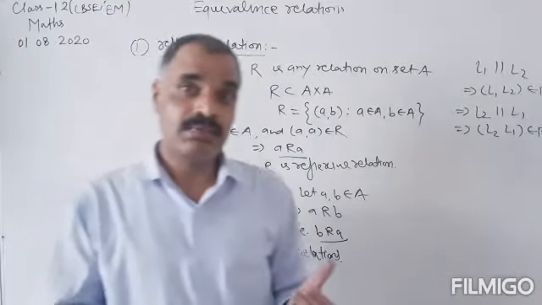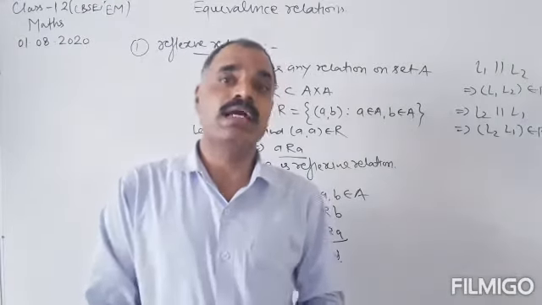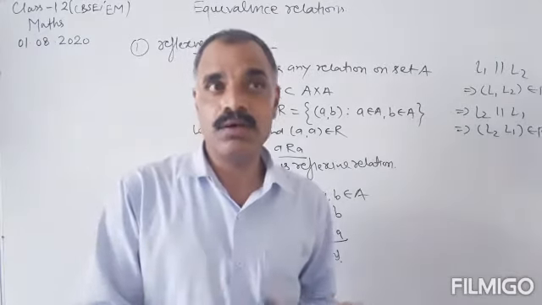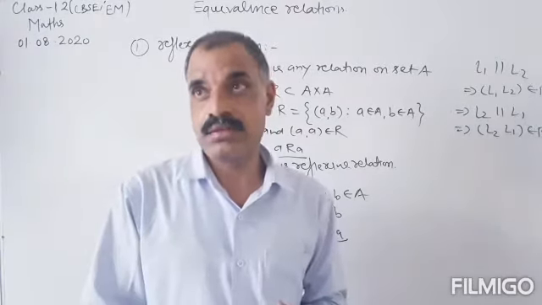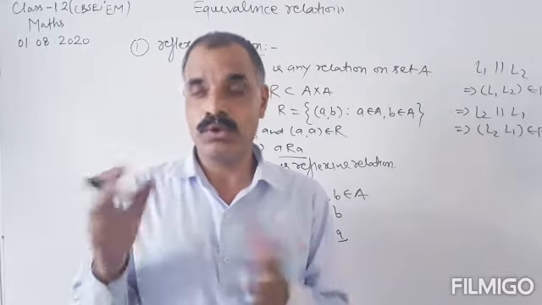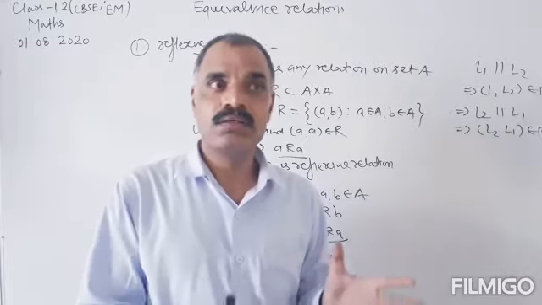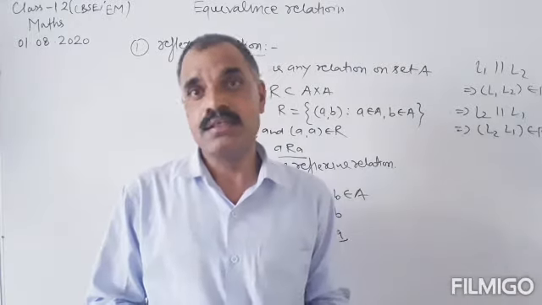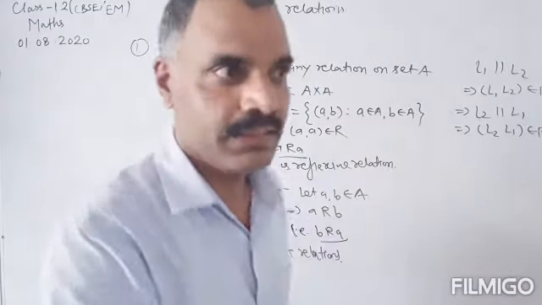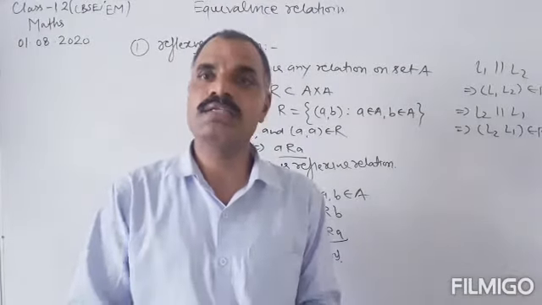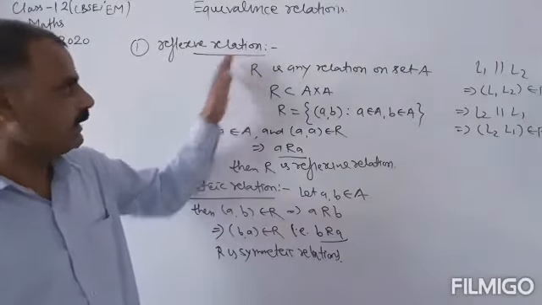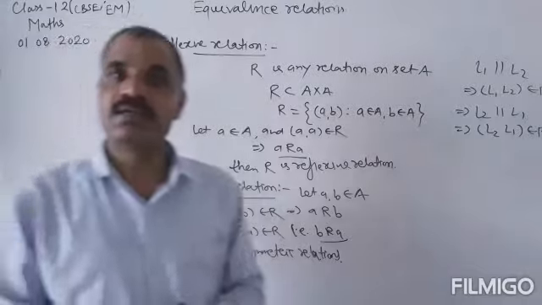Similarly, the relation of perpendicular lines, relation of equal numbers, relation of same locality, relation of congruence, and relation of similarity of two triangles are also symmetric relations and can be proved as symmetric relations. So the first one is the reflexive relation and the second one is the symmetric relation.